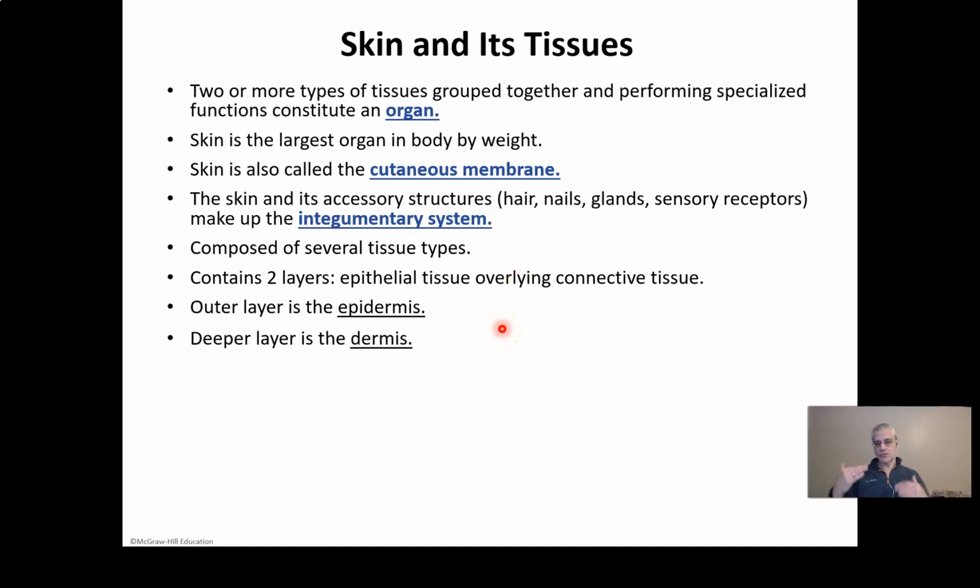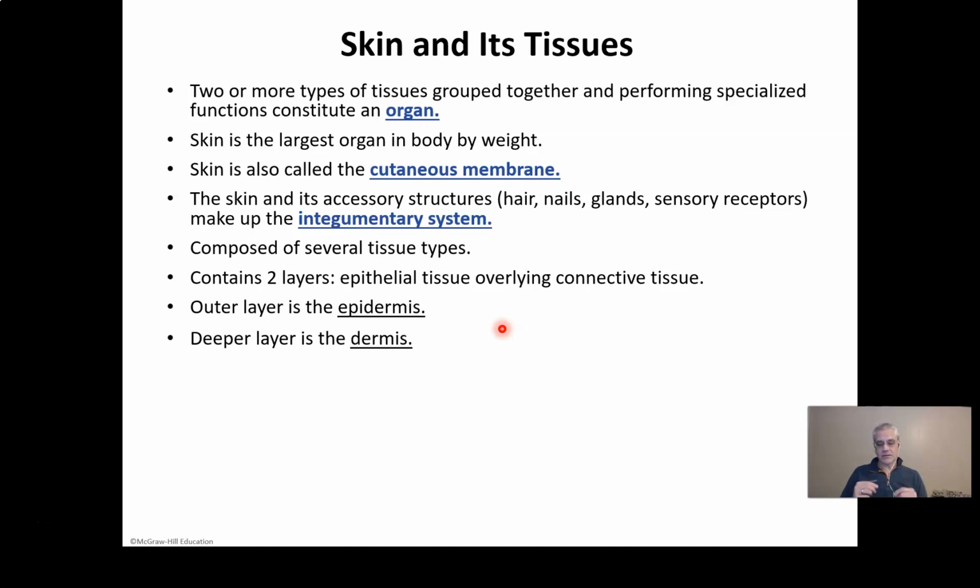Now you pretty much have two parts to the skin. There's a third layer that we get into, and we don't really consider it part of the skin. But then it's hard to say, well, what's it a part of? Well, we'll get to that. But for sure, without a doubt, two parts to the skin. You have the epidermis, which is the outside, the epidermal layer, and the dermis, which is right underneath the epidermis.